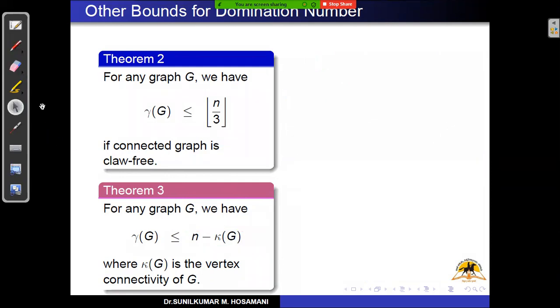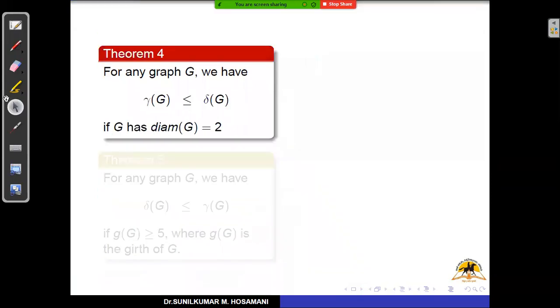So next one. Here next we're considering upper bound for domination number in terms of minimum degree. Okay. So here theorem 4 says for any graph G we have domination number is less than or equal to its minimum degree if G has diameter 2. Okay.